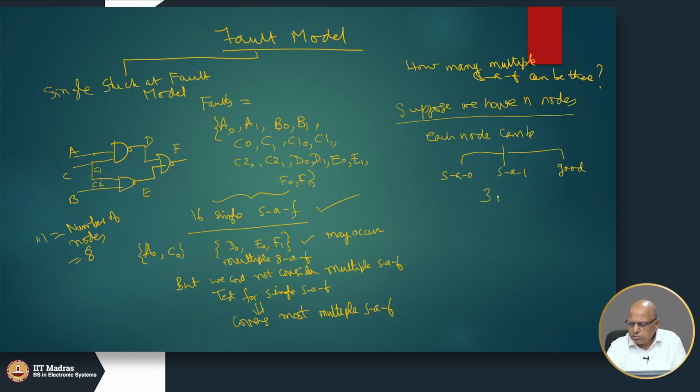So, there are 3 possibilities for each node. So, if you have n nodes, there can be 3 times 3 times, n times. So, that is 3 to the power n possibilities.